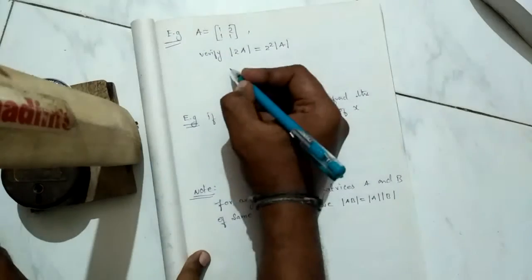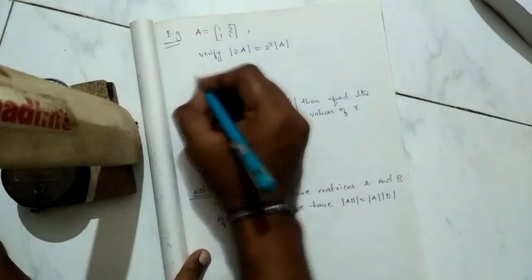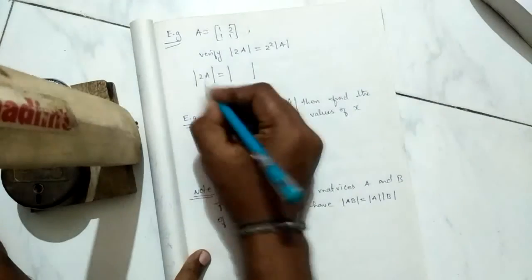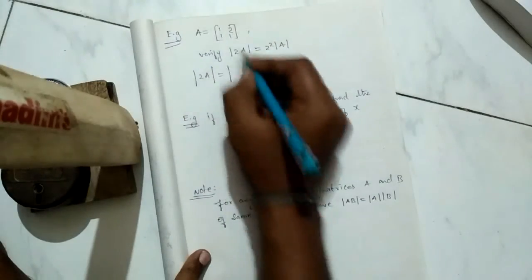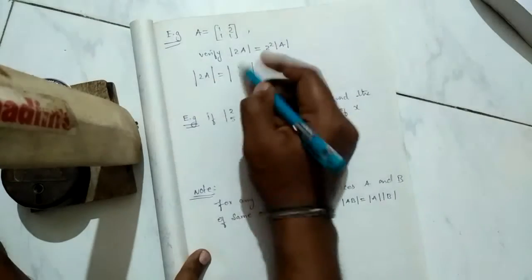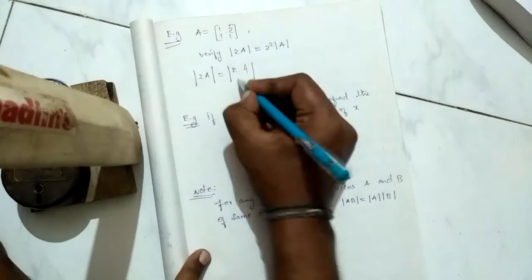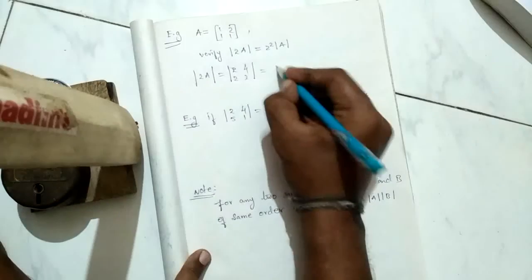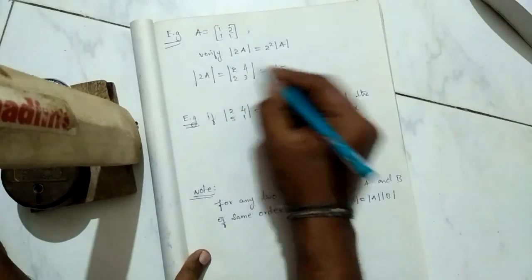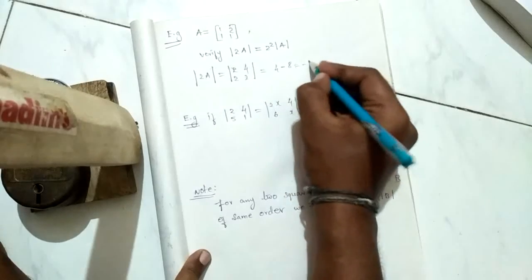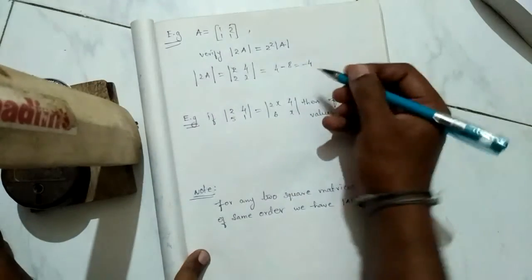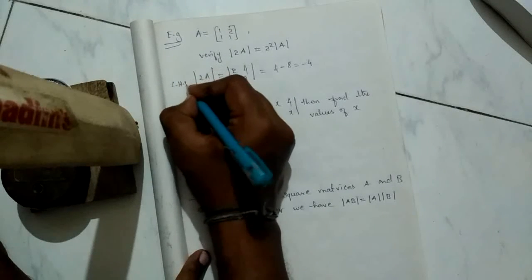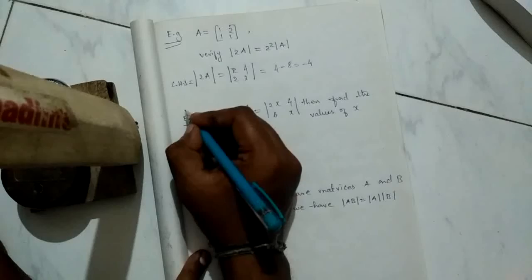So determinant of 2A, what is 2A? 2 times A. Multiply this matrix by 2, so 2, 4, 2, 2. For this, if you find the determinant value, it becomes 4 minus, cross multiply, minus 8, so it gives minus 4. Okay, and this is the LHS, left hand side, and now you find the RHS.